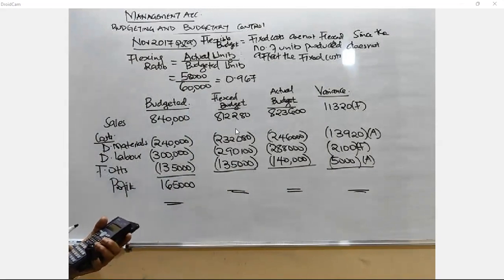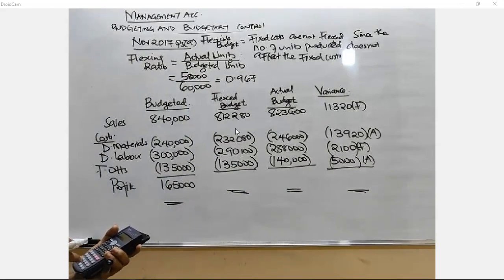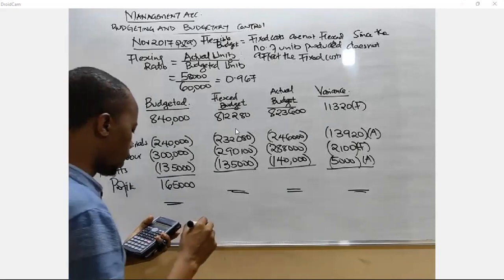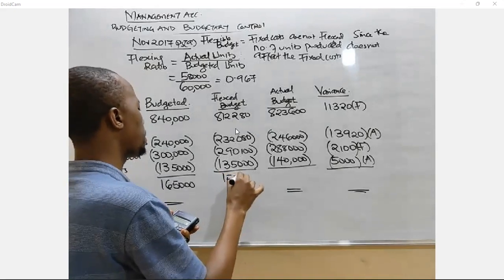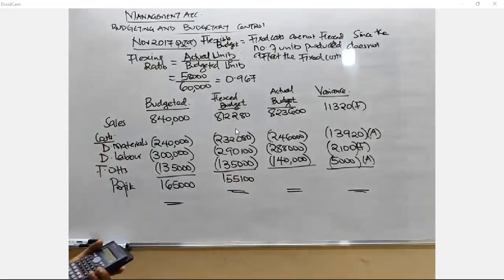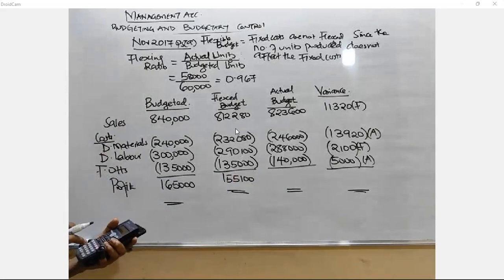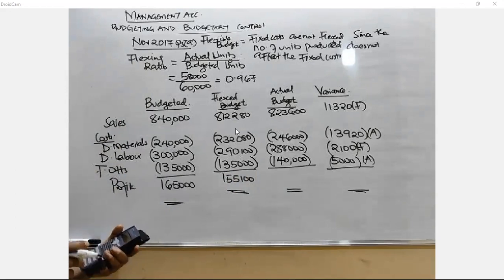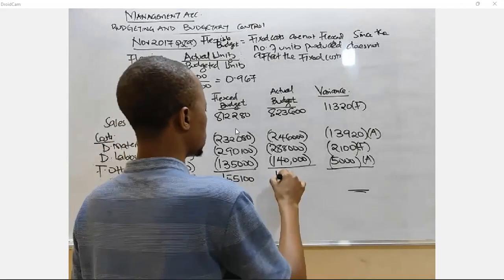It will be 812,280 minus 232,080 minus 290,100 minus 135,000, getting 155,100. The actual is 823,600 minus 246,000 minus 288,000 minus 140,000, getting 149,600.